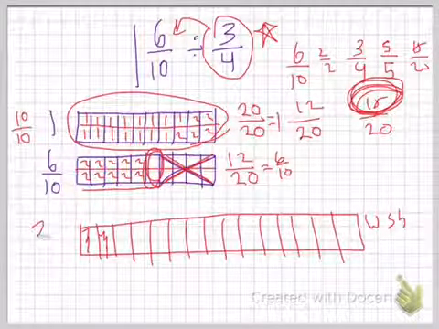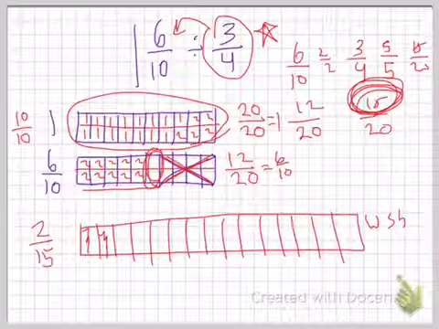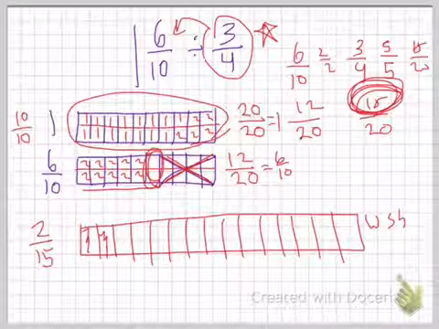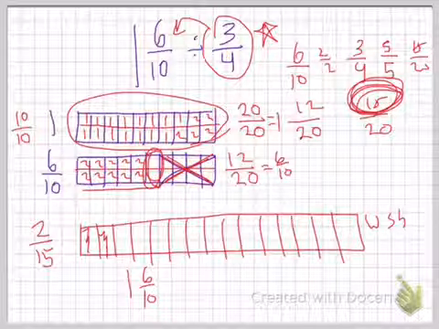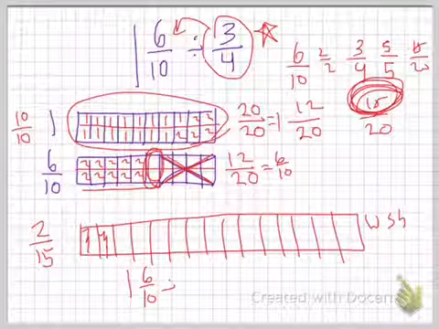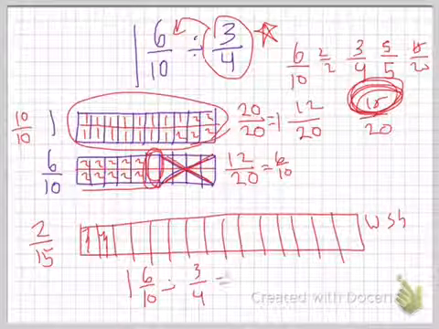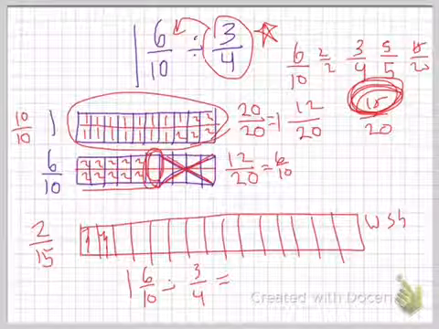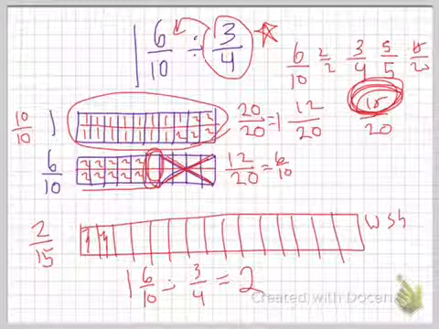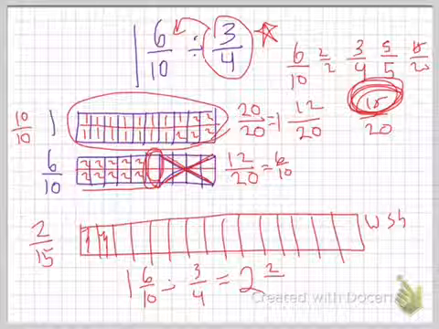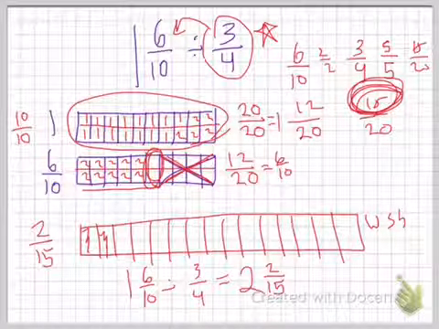So this fraction right here looks like 2 15ths. So 1 and 6 tenths divided by 3 fourths is equal to, I was able to count my 2s all the way through, and my leftover pieces is 2 15ths.